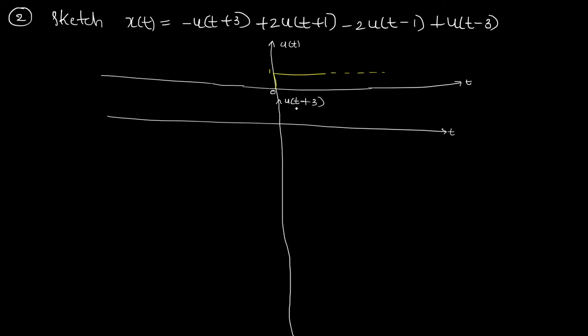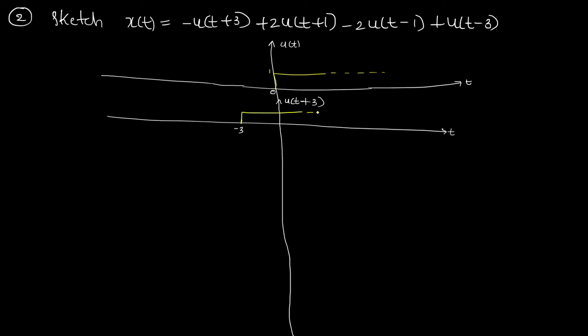So u of t plus 3 is nothing but the left shift by 3 units. Instead of starting from 0, you will get it on the left side by 3 units. 0 is shifted 3 units to the left, means you will get it from minus 3.